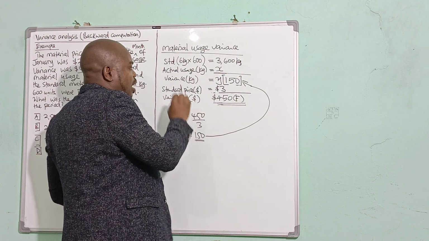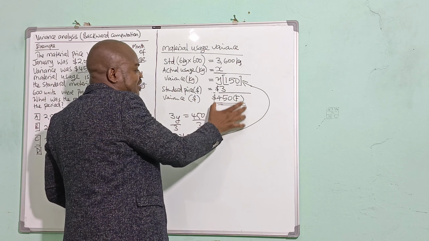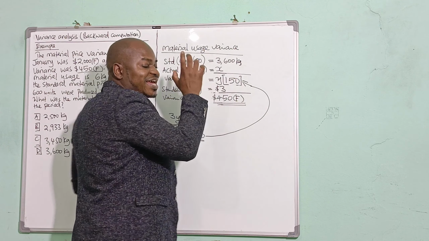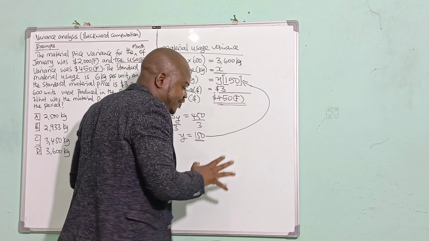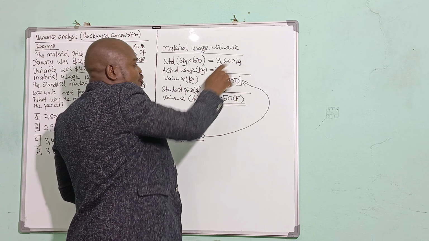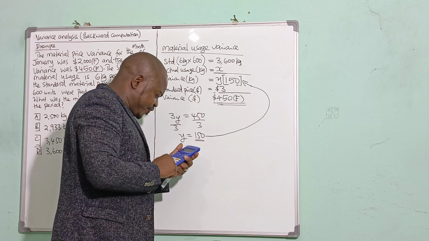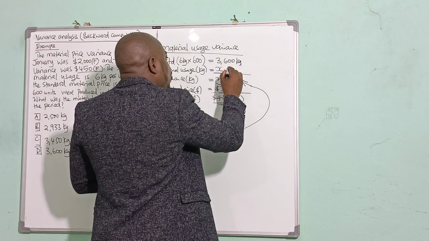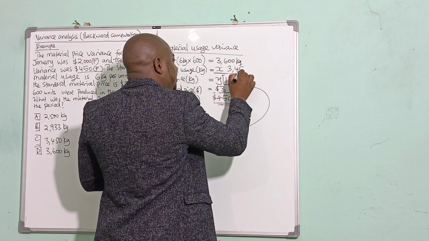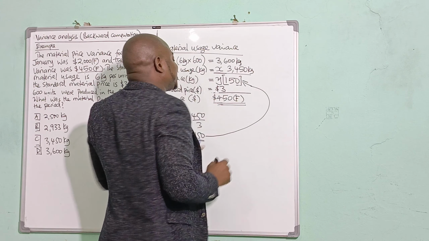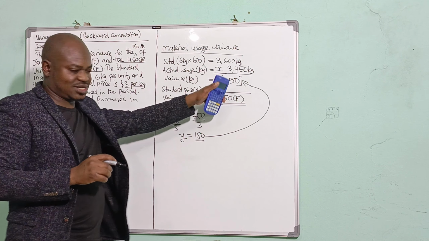But now the variance itself is favorable, meaning we used less by 150. So less by 150 from 3,600 will be 3,600 minus 150. That's 3,450 kgs. That is what we actually used.